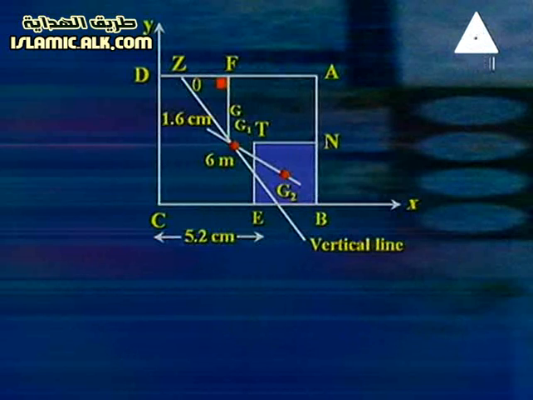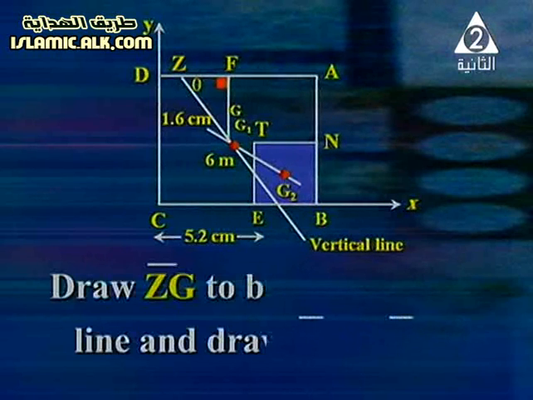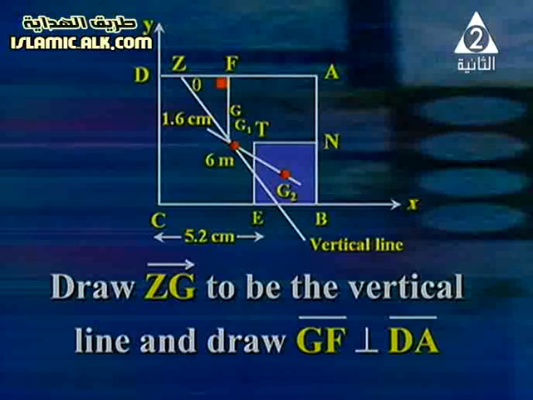Look again at the vertical line ZG, and draw GF perpendicular to DA. Remember, dear student, look at the figure: we draw ZG to be the vertical line and draw GF perpendicular to DA.